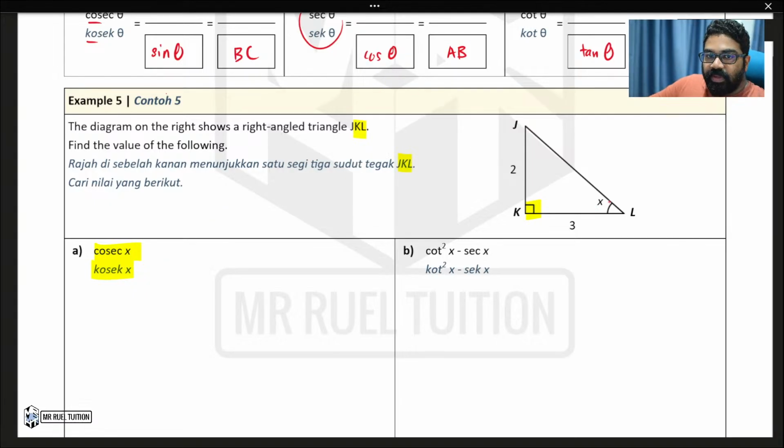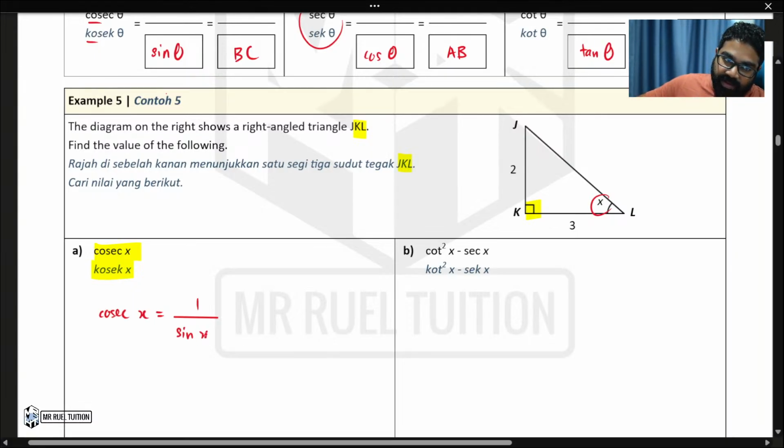So, again, cosecant is what? Cosecant is 1 over sin, so 1 over sin X. So what is sin X?